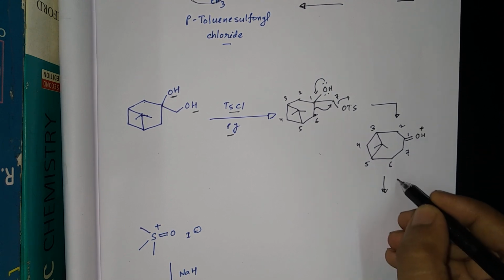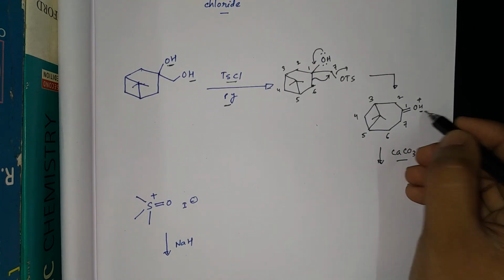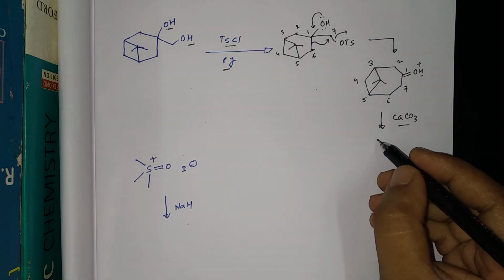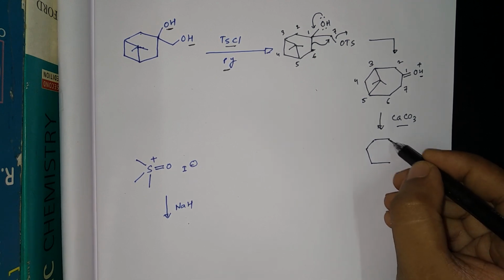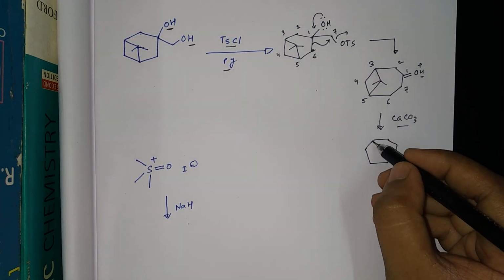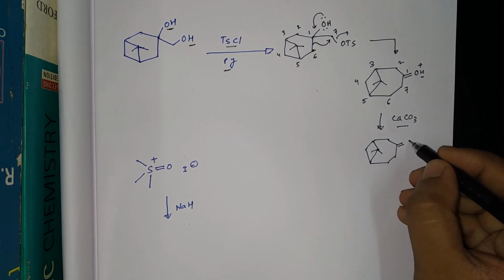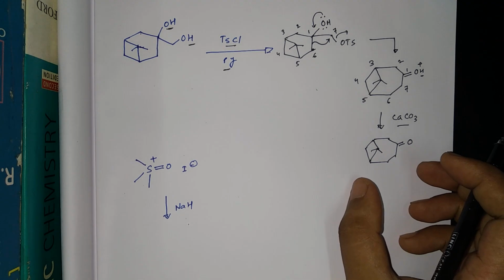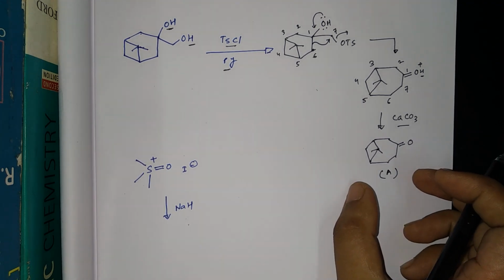Now calcium carbonate is given, so it is slightly basic, and it will remove this proton and form this product. So this is the product A, and this is our correct answer for A.